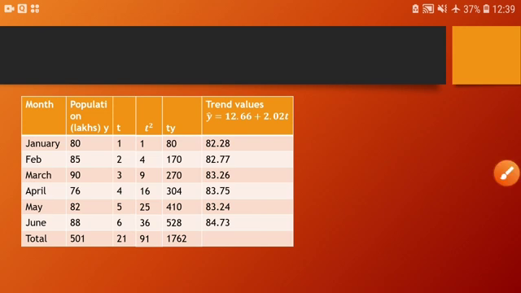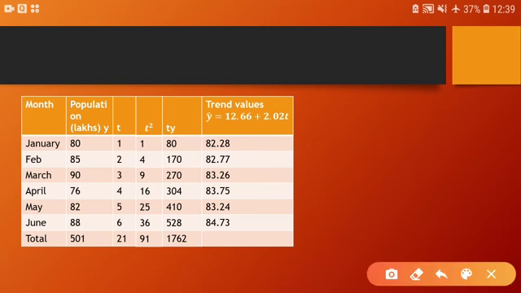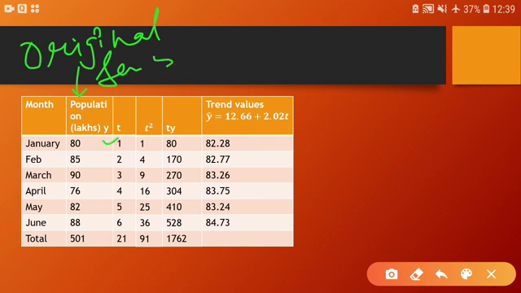Now how will you draw the graph? Listen to me. In the graph there will be two series. This one, the question which is given, is known as the original series. So these are the figures of the original series. For t equal to 1 you have to take 80, for t equal to 2 you have to take 85, for t equal to 3 you have to take 90, for t equal to 4 you have to take 76.